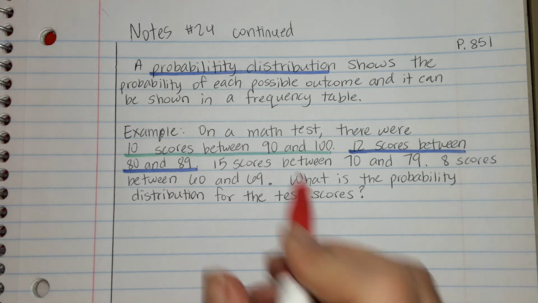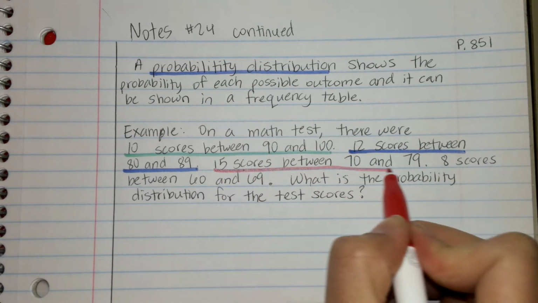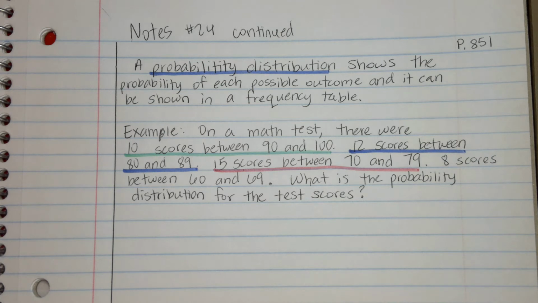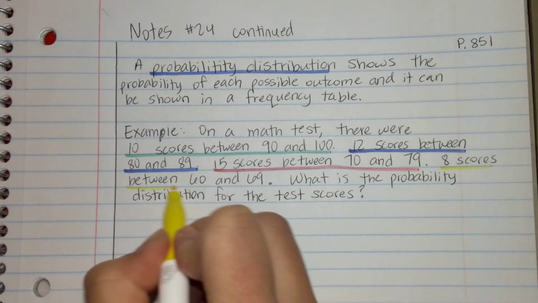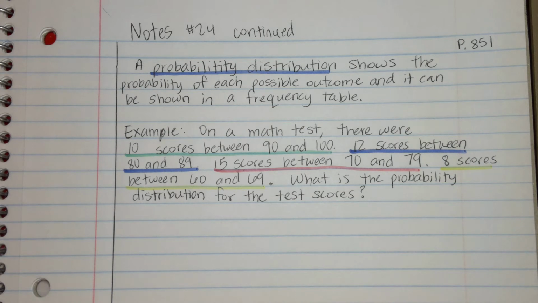There were 15 scores between 70 and 79. And finally, there were 8 scores between 60 and 69. So those are all the different scores.